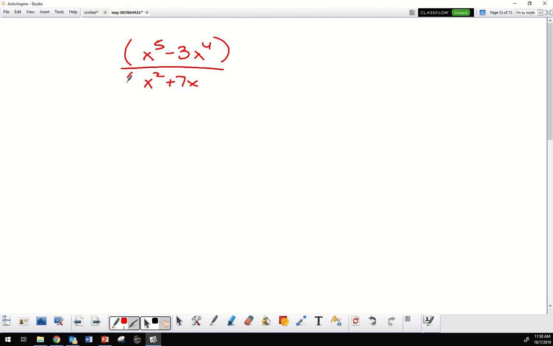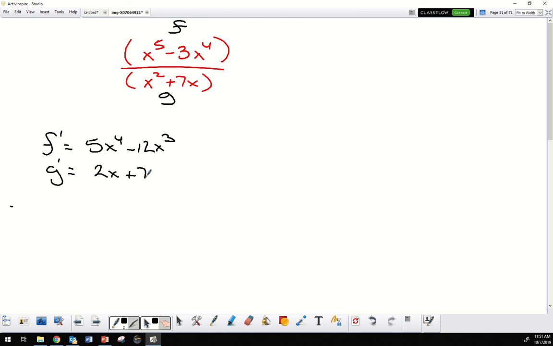Like that? Yes. Okay. So in these terms, this is my f, this is my g, and let's do the f prime. So f prime is the derivative of f, which is going to give me 5x to the 4th minus 12x to the 3rd. Very good. And then g prime, 2x plus 7.